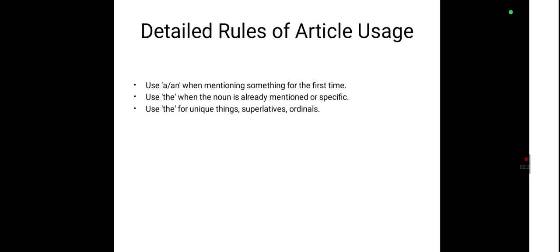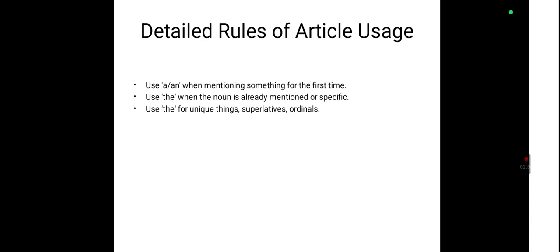Then, use of the for unique things. It's like the moon, the sun, the sky, the earth, which are all unique, singular things in the universe. That's why we use the definite article the.